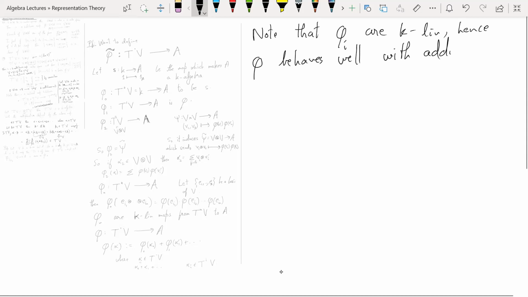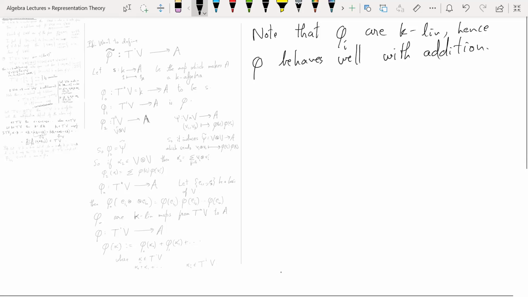So addition is not an issue, meaning if you take two elements alpha and beta in T dot V, then phi of alpha plus beta is going to go to phi of alpha plus phi of beta. We'll check for multiplication.